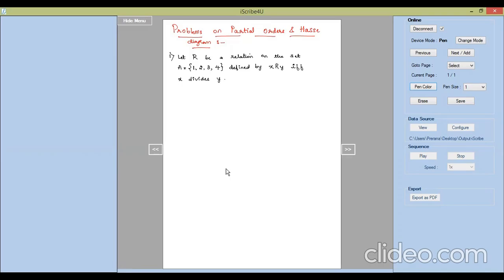Prove that (A, R) is a poset. Draw its Hasse diagram.